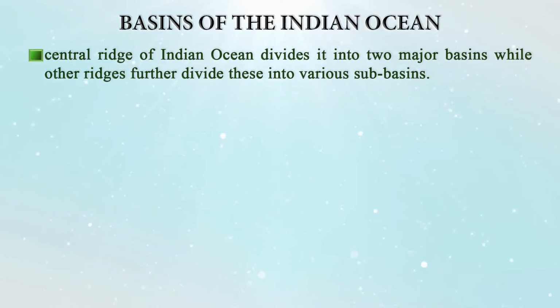Similarly, the central ridge divides the Indian Ocean basin into two major basins, western and eastern basins, and then branch ridges also divide it into several sub basins.